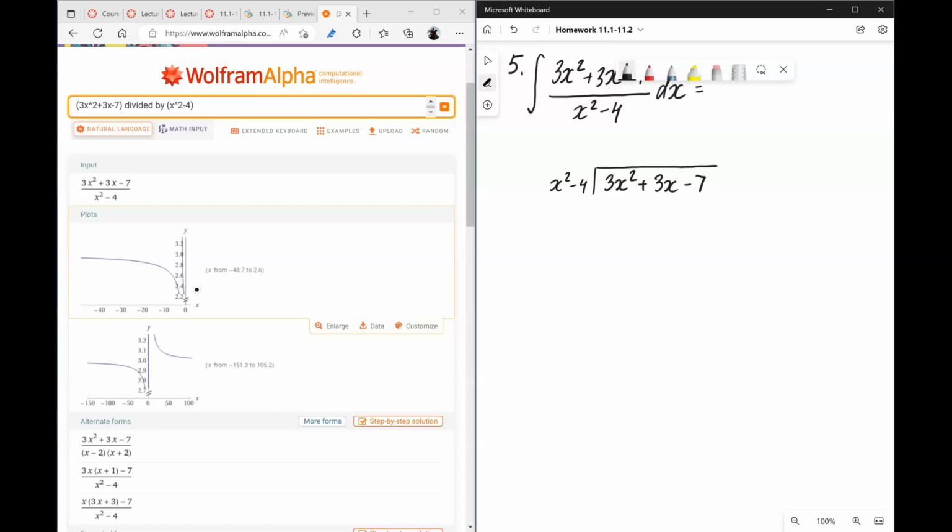Here goes the coefficient 3. Is that right? I multiply, so I have 3x squared minus 12. Subtract, so I have 3x minus 7 plus 12. It's plus 5. And that's it. So this is my quotient. This is my divisor. This is my remainder.